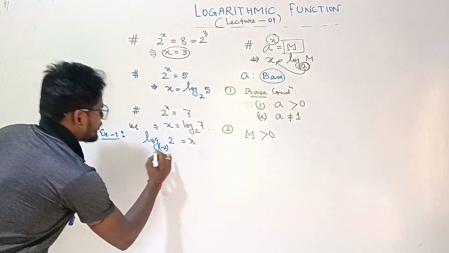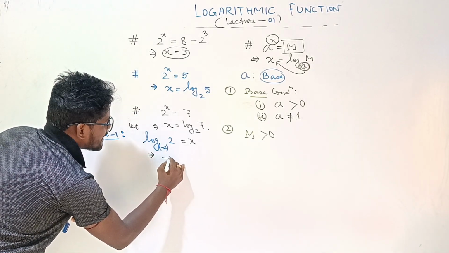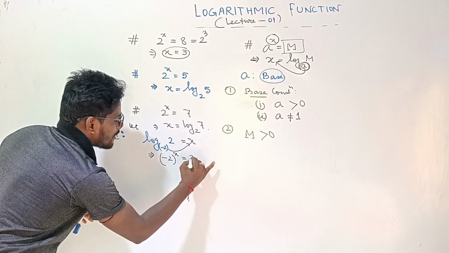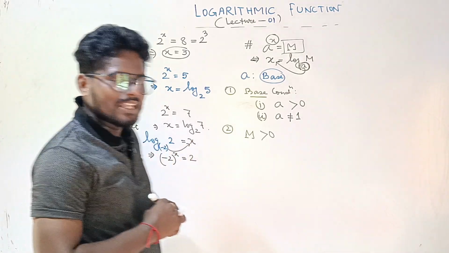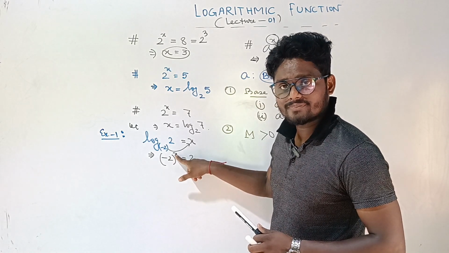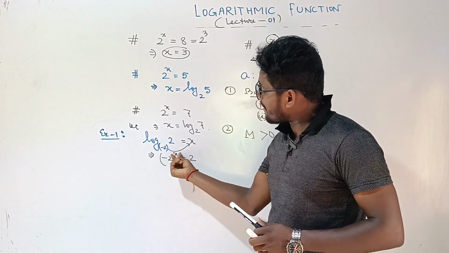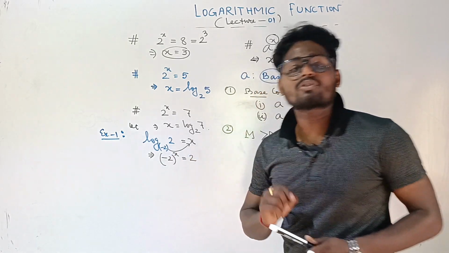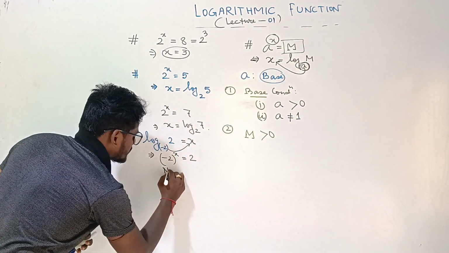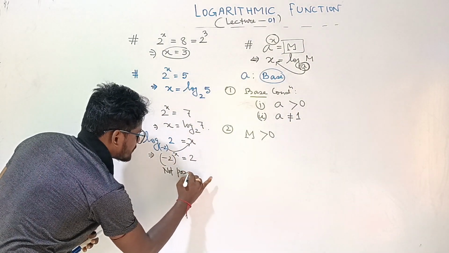So here you can write: base to the power x is equal to 2. Now can you tell me a number x such that minus 2 to the power that number is equal to 2? Is it possible? No, sir. This is not possible.